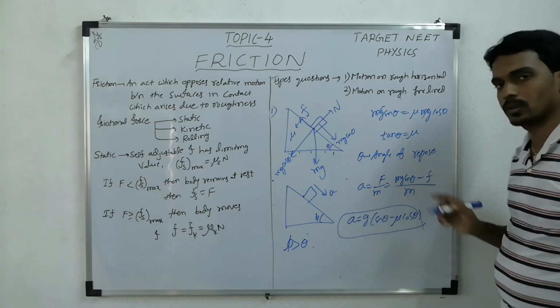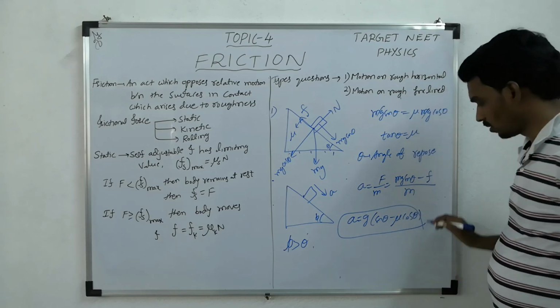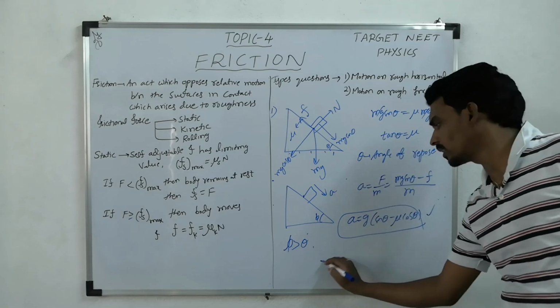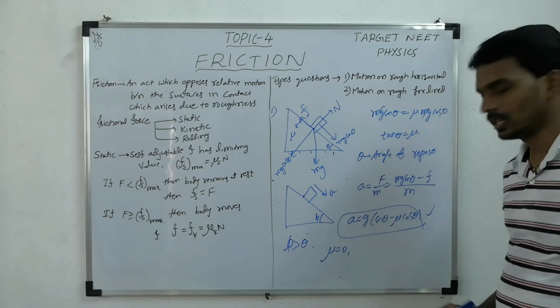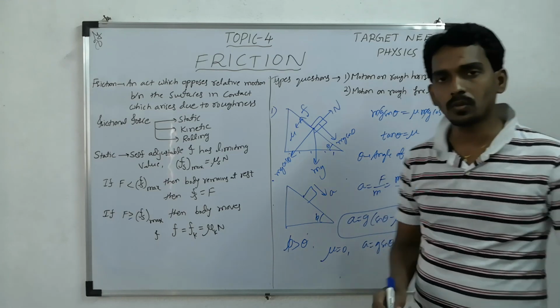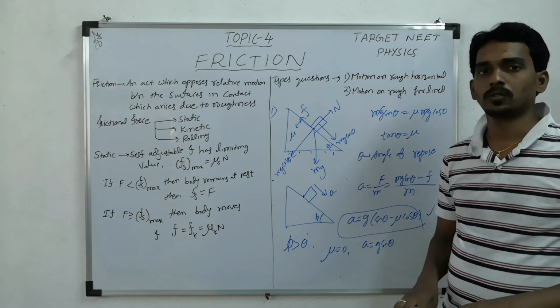This is the acceleration. If there is no friction, then mu is 0. With mu 0, what is the acceleration? g sin theta.